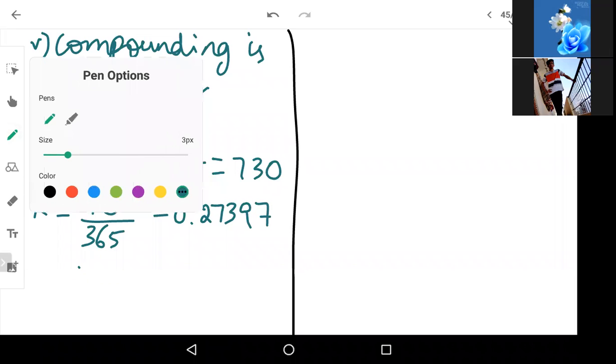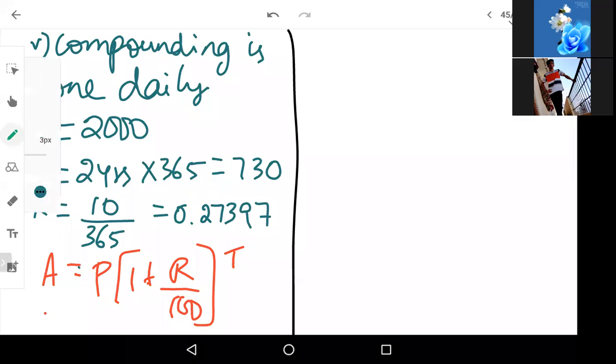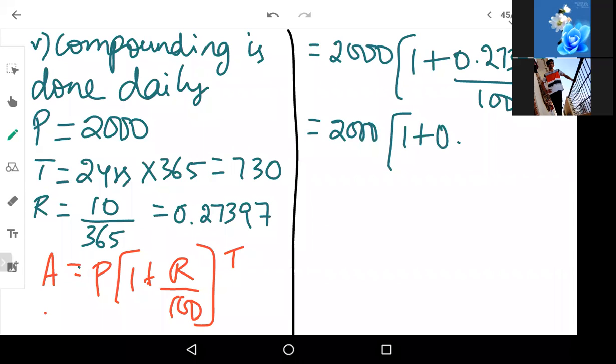So now put the formula. Amount is equal to P into 1 plus R by 100 to the power T. Now solve this. 2000 into 1 plus R is 0.27397 divided by 100 to the power 730. So 2000 into 1 plus 0.0002, is it?